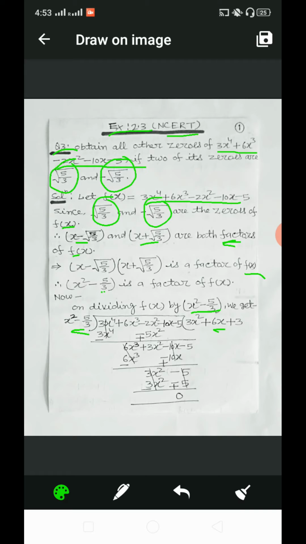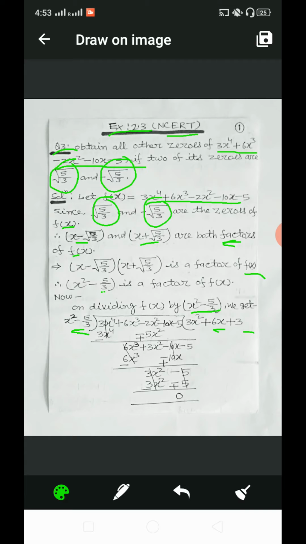Here the first term is 3x square. On the basis of that, we take quotient plus 3 and it is multiplied by x square minus 5 by 3. We get 3x square minus 5.